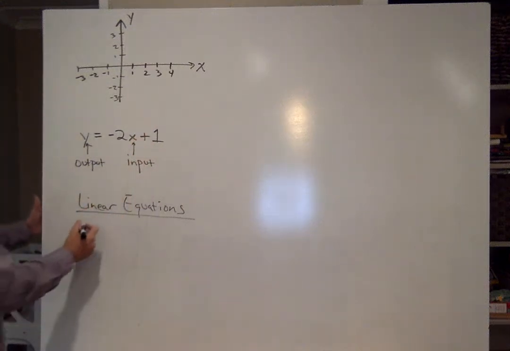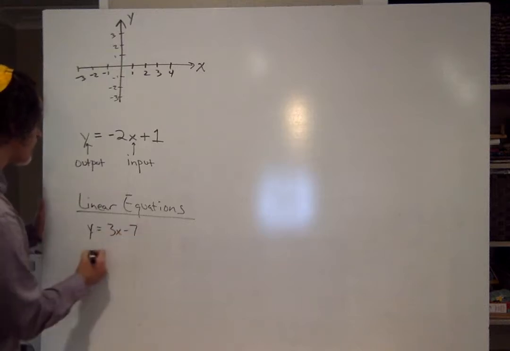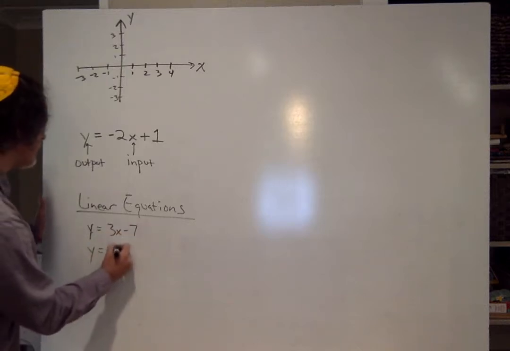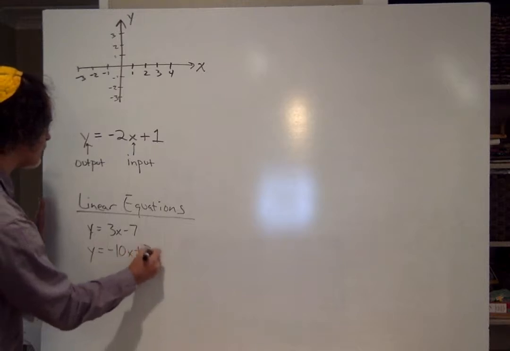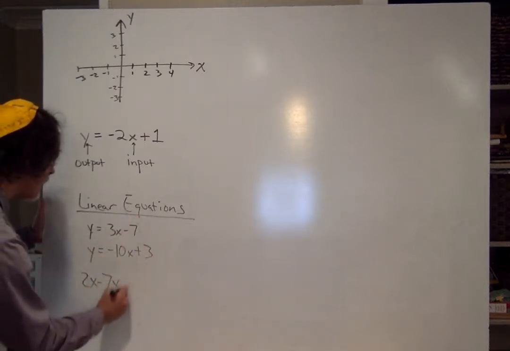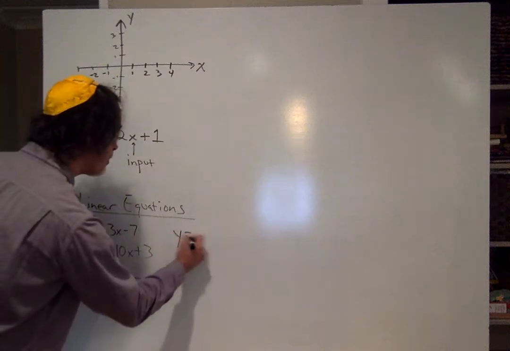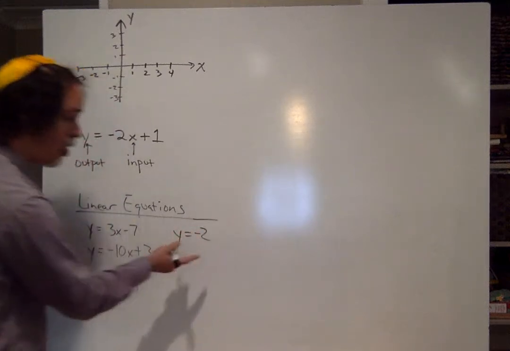A lot of them are going to make lines. Y equals 3x minus 7. Y equals negative 10x plus 3. 2x minus 7y equals 5. These are all linear. And the thing that makes them linear is that the x is just there. Oh, y equals negative 2. Also linear.